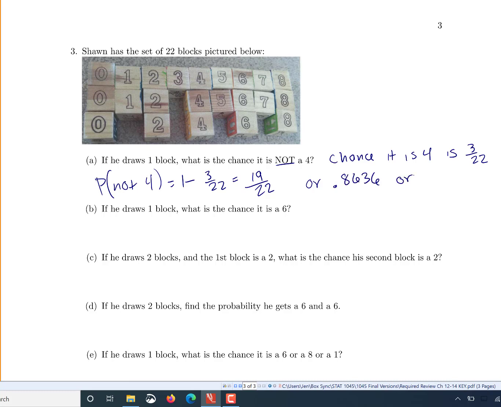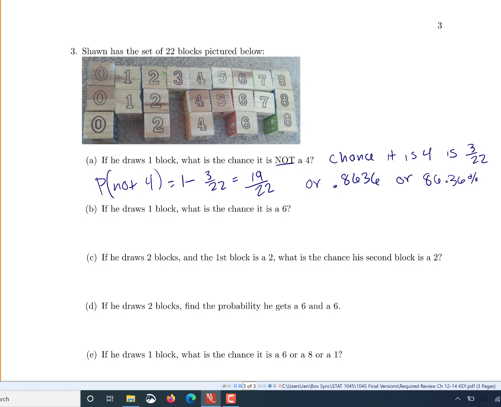Or she might tell you to put it in as a percentage. So you move your decimal 2 places over or times by 100, so you get 86.36%. So on the exam, it might ask you for like a fraction, it might ask for a decimal, it might ask for a percent. She quite often says, put in the percent, don't type in the actual percent sign because that confuses Canvas. So you just type in 86.36.